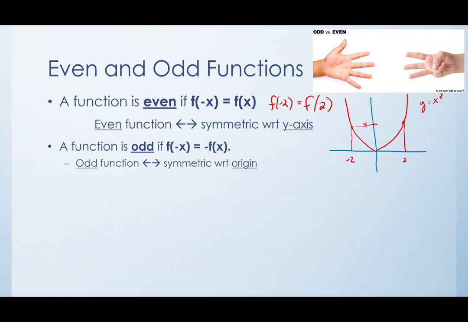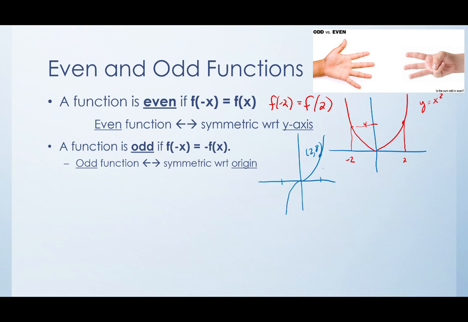Pretty straightforward, right? So a function is odd if we plug in the negative input, we get the negative output. So an odd function is going to be symmetric with respect to the origin. And if we go back and look at, say, x cubed, right? If I plug in, let's say, x equals 2, obviously my graph is not to scale here. So we've got 2, 8.